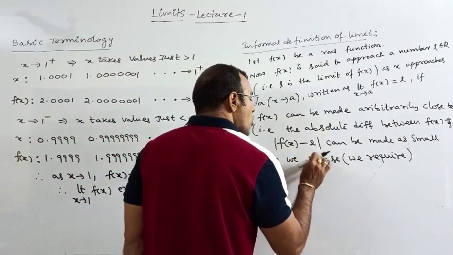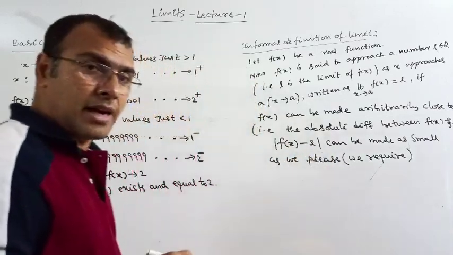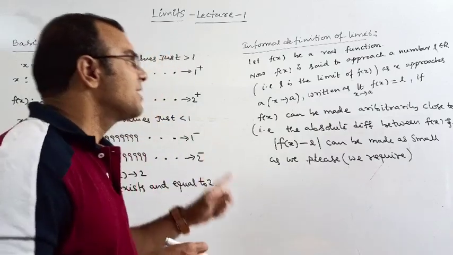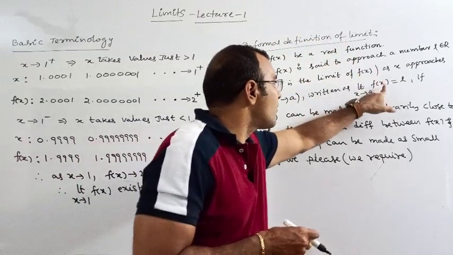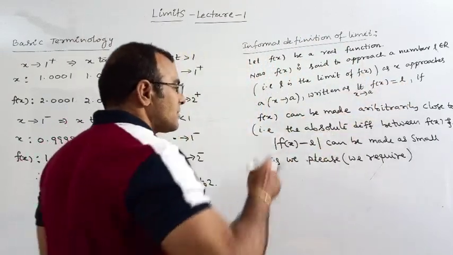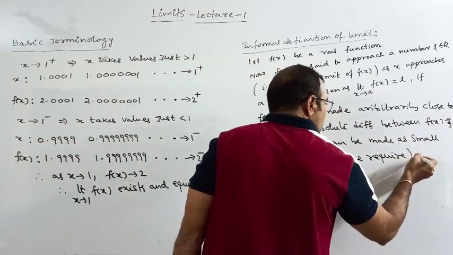Means how much close you want to do, that much close if f of x approaches L, then we say that the limit of f of x is L as x approaches A. That's full stop.